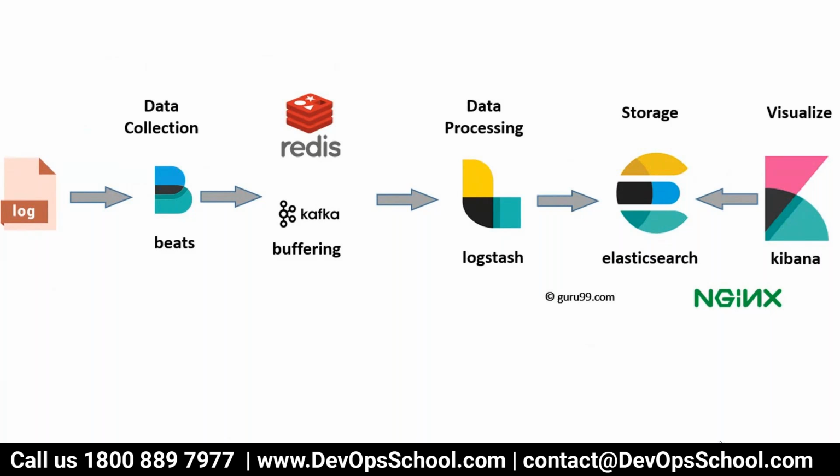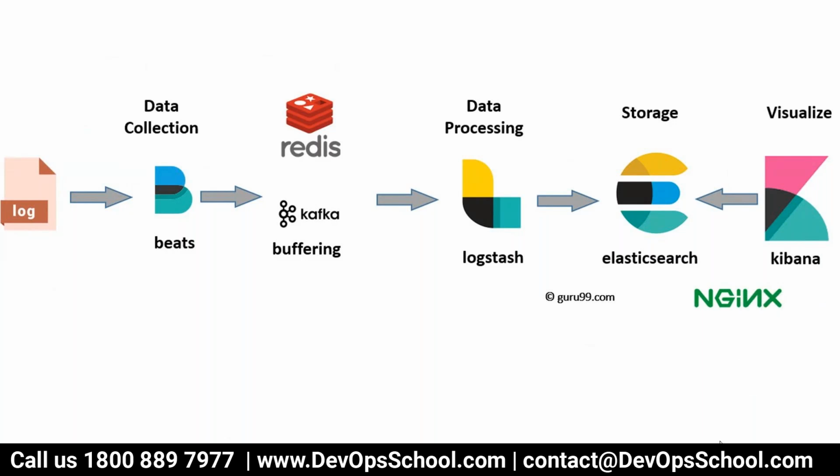Rajesh, how about Fluentd? Fluentd will come in place of Logstash. If you want to compare Fluentd, you should compare it with Logstash, because many people are using Fluentd and many people are using Logstash. It's up to you. Both are not required together, because they are duplicate tools, right?